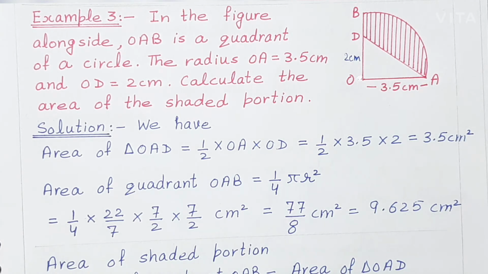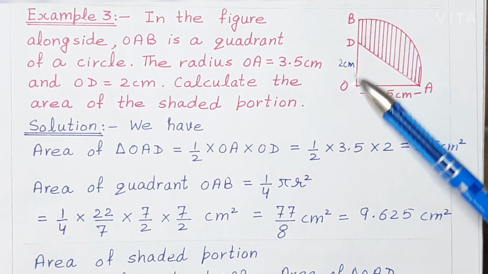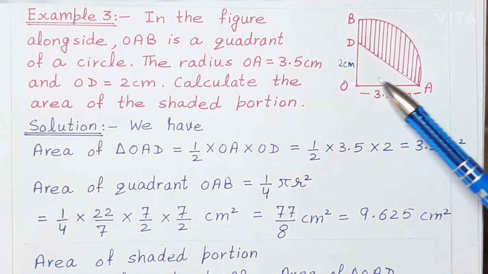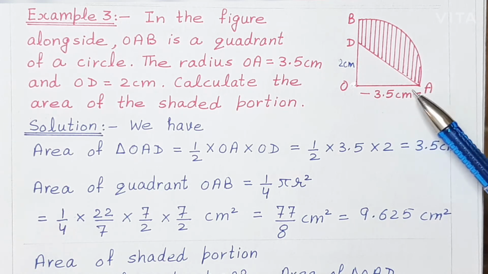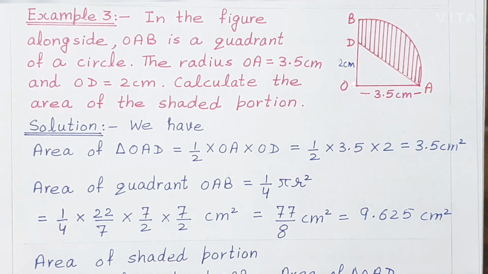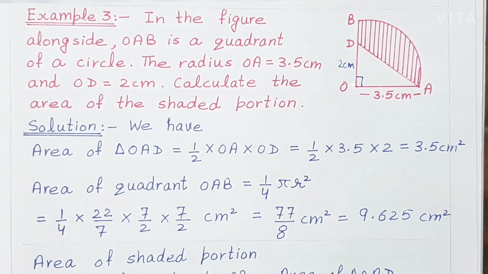Now students, it is very easy. See, what we have to do here is area of quadrant minus area of this given triangle will be the area of shaded portion. Clear? Now here angle O is 90 degree. In a quadrant, this angle is always 90 degree.